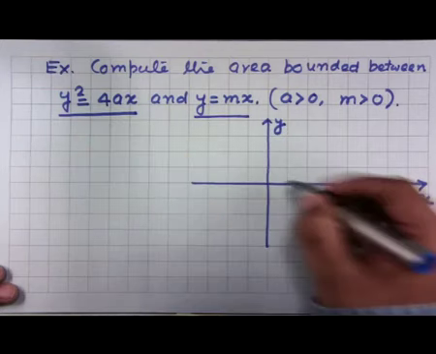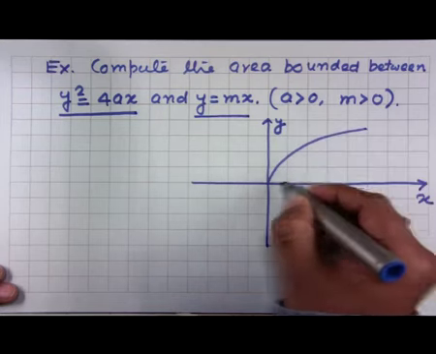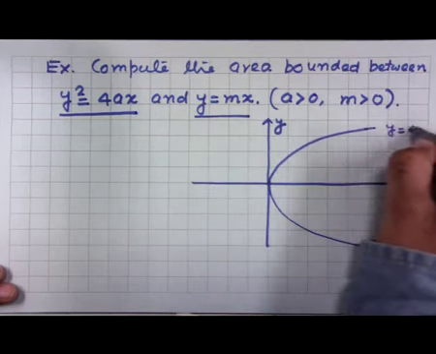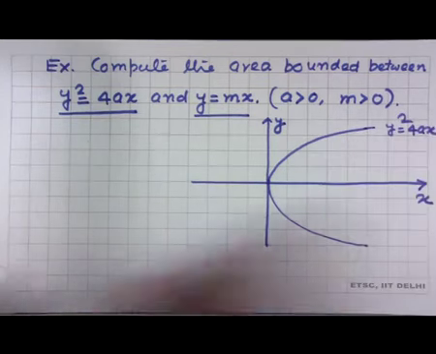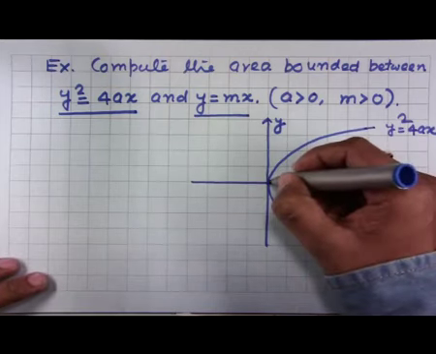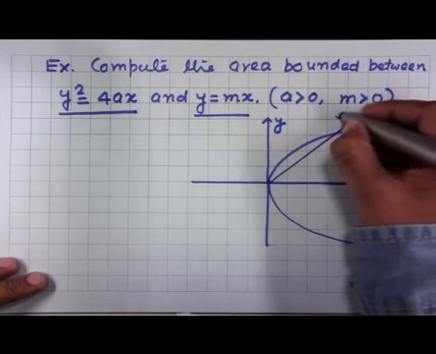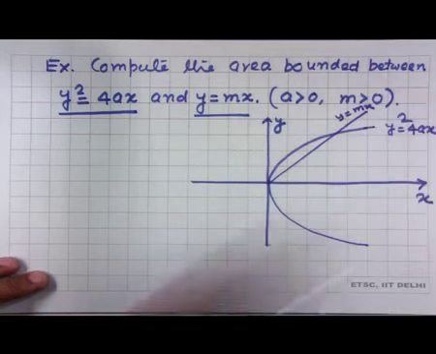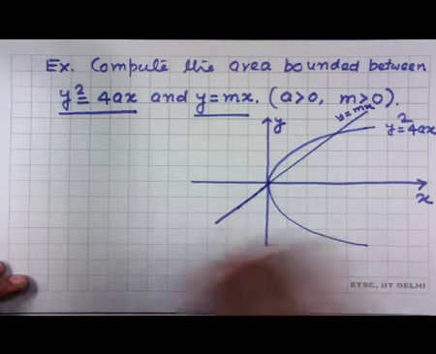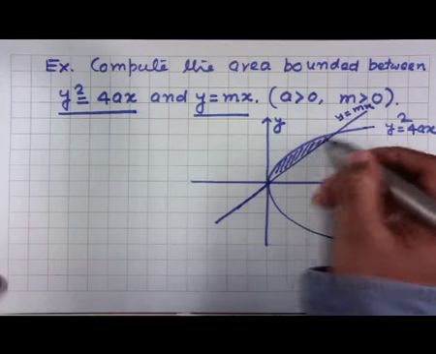If a is positive, the parabola will be drawn like this, and y equals mx, if m is positive, we can plot like this. The area bounded between them is this.